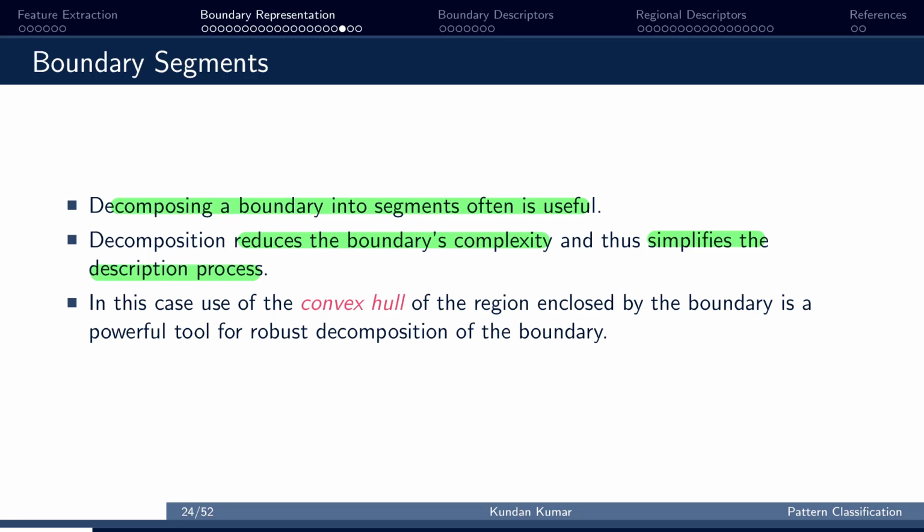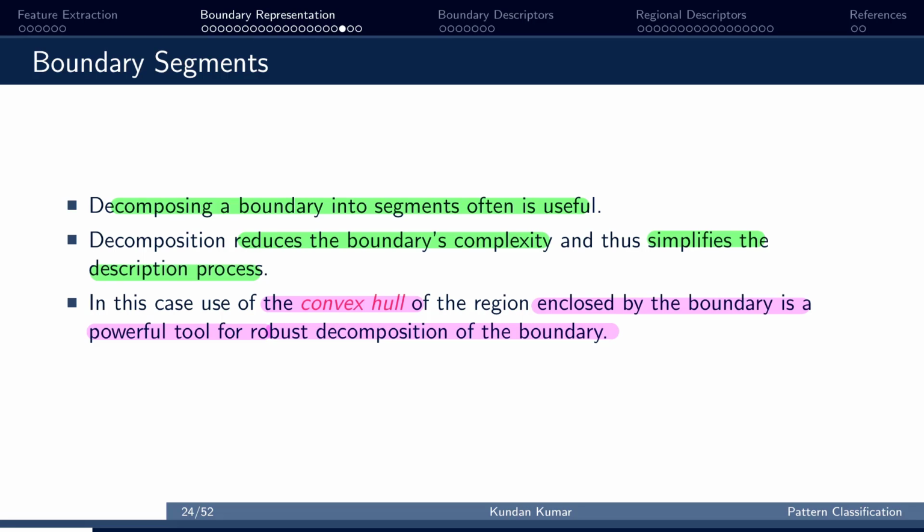Whenever we find the feature vector, it will simplify that. In that case, we can use the convex hull of the region enclosed by the boundary, and that is a very powerful tool for robust decomposition of the boundary.